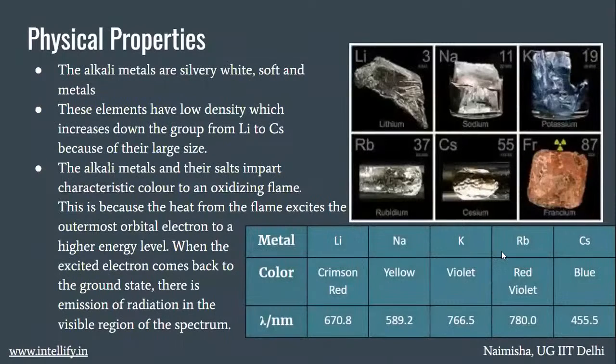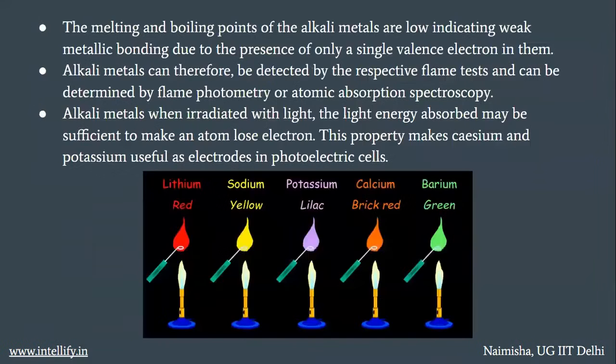In this table, we can see the characteristic colors shown by the group 1 elements' flame. Lithium shows crimson red, sodium shows yellow, and potassium shows violet. Similarly, the rest.